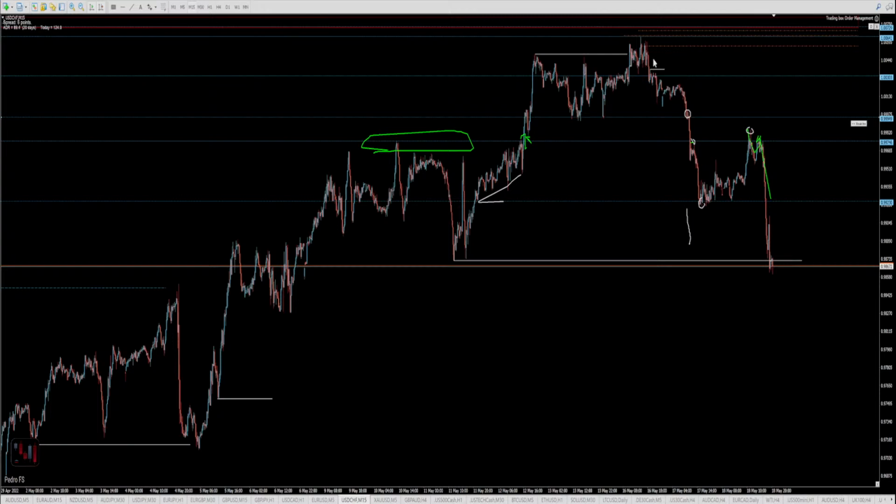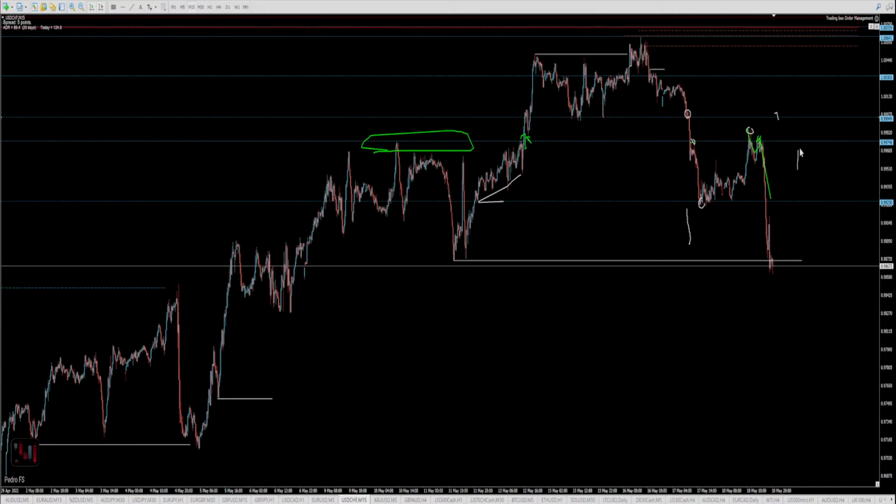I still think there's maybe some orders in here. Anytime I still see that there are some orders closer to the highs, I may be expecting price to go and fill this space. But yeah, in here there could be a good zone to look for an opportunity for a reaction.